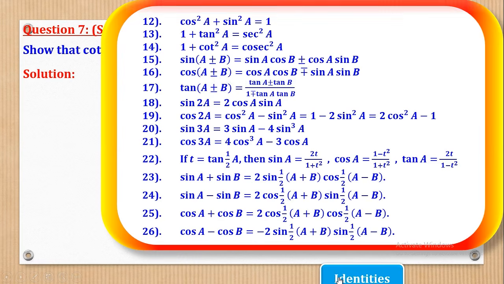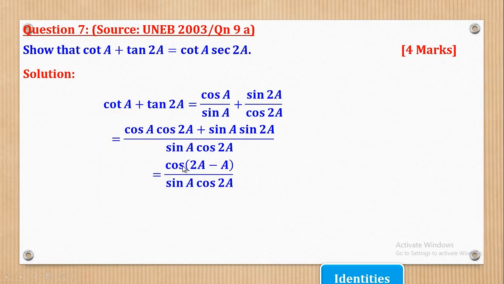Because it is minus, that's why here we have cos of 2A minus A. We shall first maintain the denominator, then we know that 2A minus A is A.